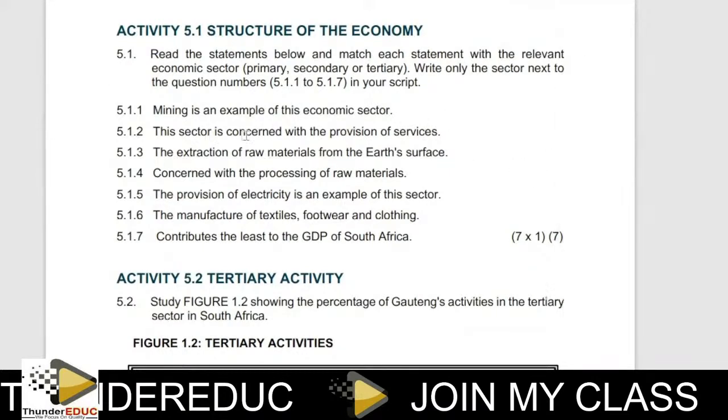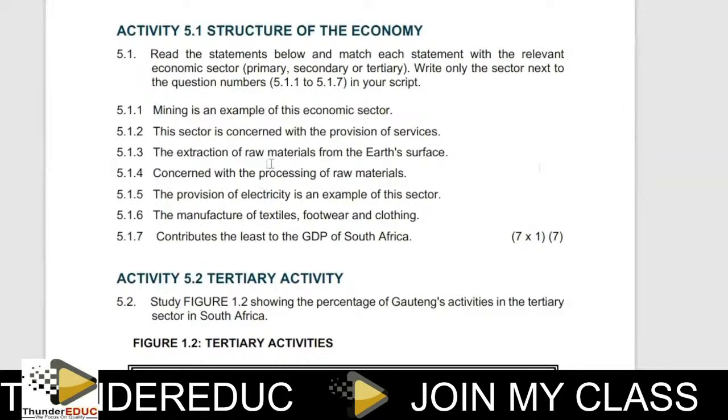Then we proceed. The sector concerned with the provision of a service is which sector? You see, questions are not so difficult and you can answer them. Of course, that is a tertiary sector. The extraction of raw material from the earth's surface, which sector is that one? It is also a primary sector. Concerned with the processing of raw material. Processing.